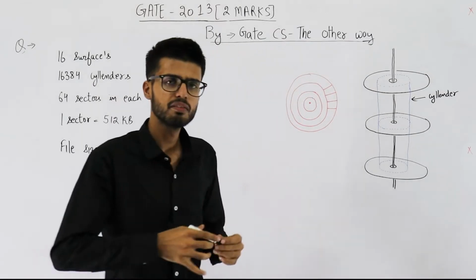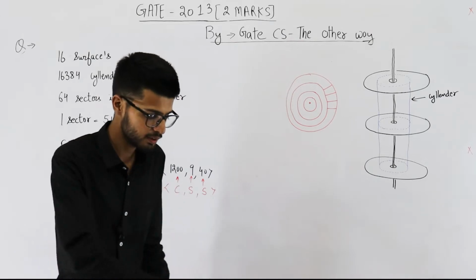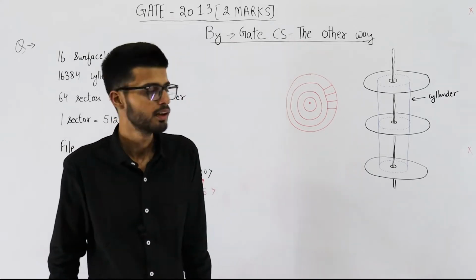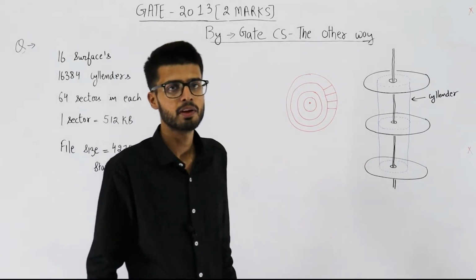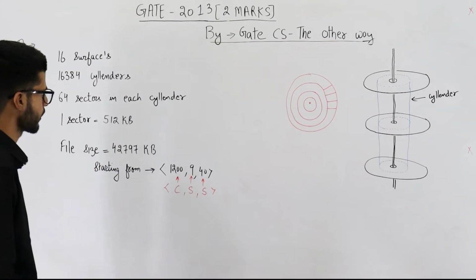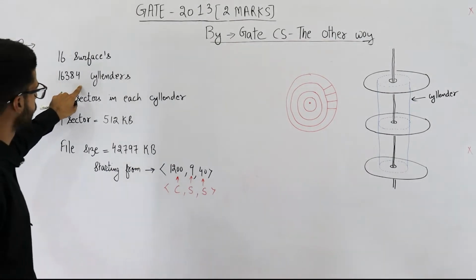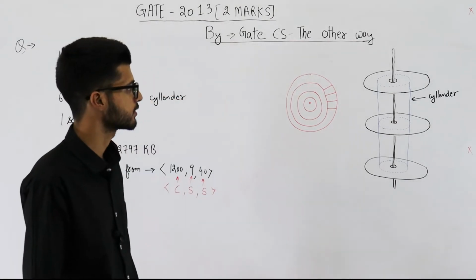You can see we don't have any physical importance of a cylinder. Like you cannot just open a hard disk and say this is a cylinder. No. Cylinder is just a logical grouping of tracks belonging to different platters. They are saying we have 16384 cylinders. That's 2 raised to the power 14. We have 2 raised to the power 14 cylinders.